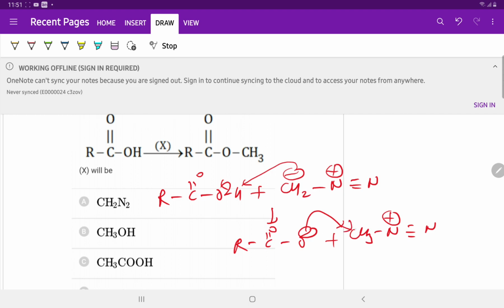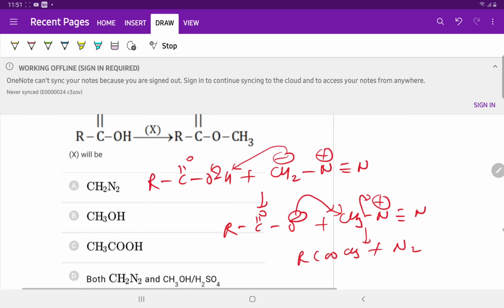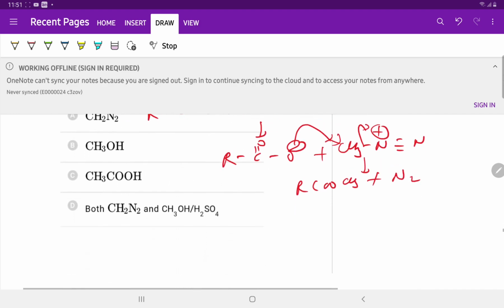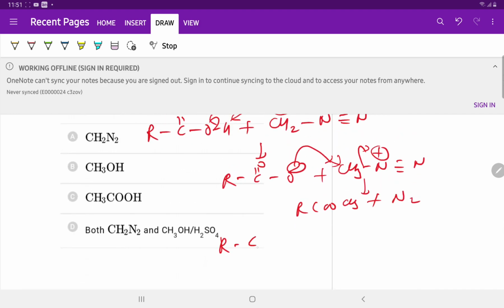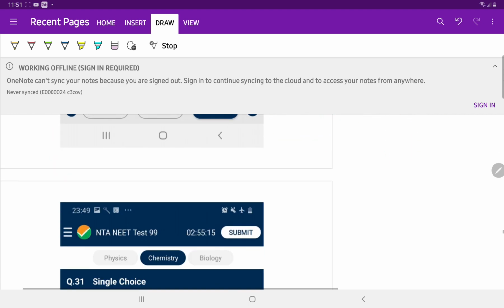This O will attack on this carbon and N2 will leave and ester is formed, RCOOCH3 plus N2. So diazomethane is correct. Alcohol will also be correct. RCOOH carboxylic acid and alcohol will react in acidic medium to form ester. So both are correct, CH2N2 and CH3OH.